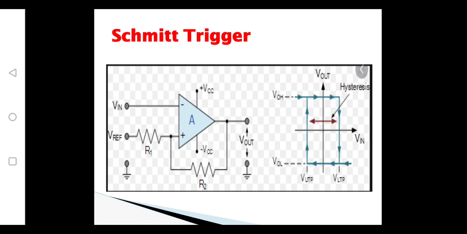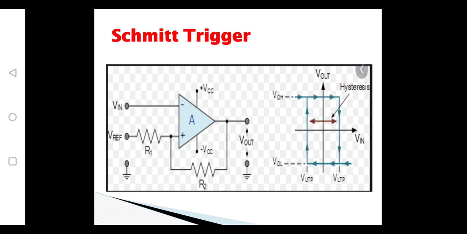In order to calculate this plus V sat and minus V sat, we are assuming that wherever the output is plus V sat, plus V reference is applied. Whenever output is minus V sat, we have minus V reference.